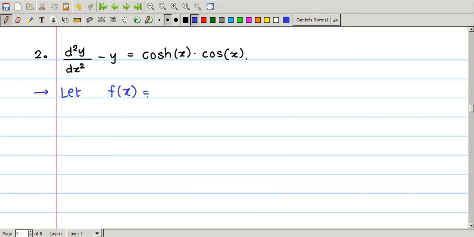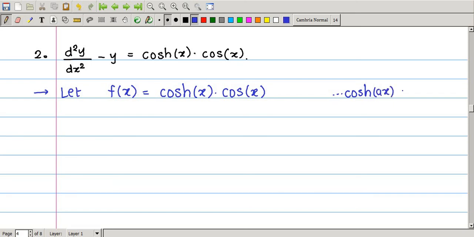Again, we can apply variation of parameters method as well. So first, for cos hyperbolic x into cos x, we use a relation between hyperbolic function and exponential function. So since cos hyperbolic x, go for the standard one.